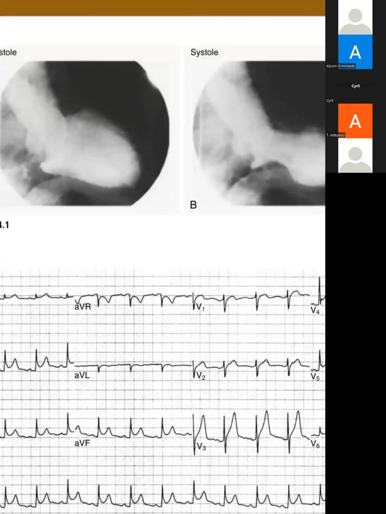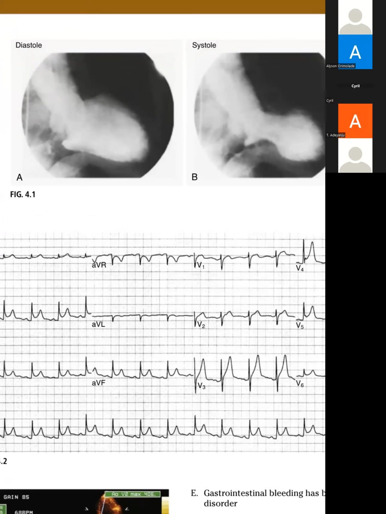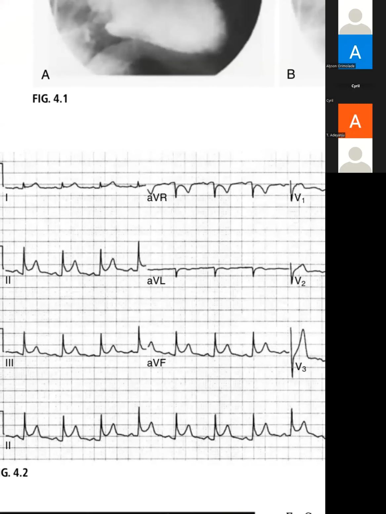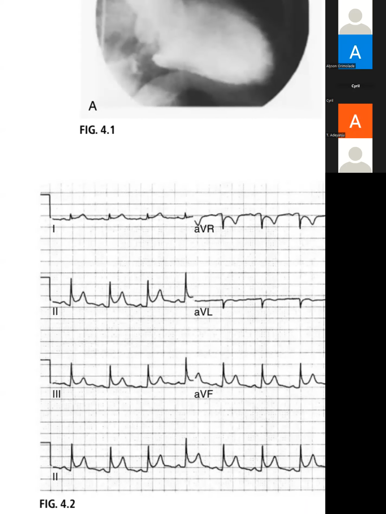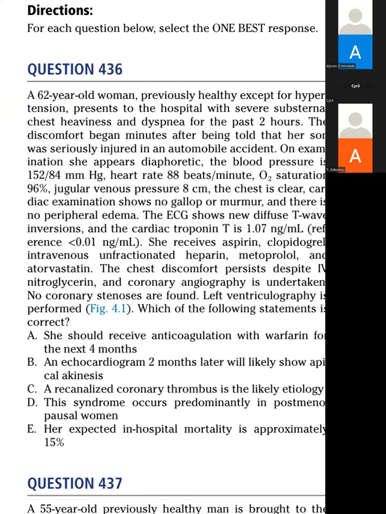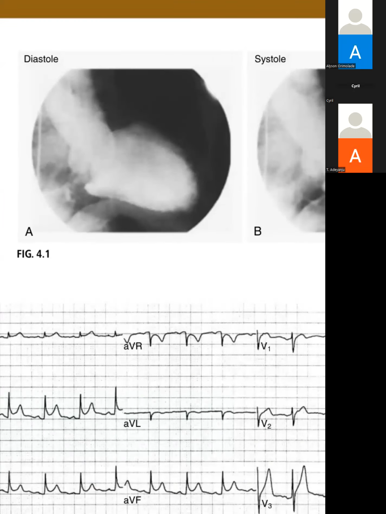Is it 4.2 or 4.1 that they wrote there? It's 4.2 now, right? 4.1, yes, sir. 4.2 is up, sir.